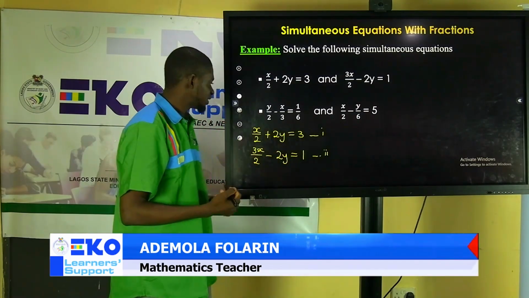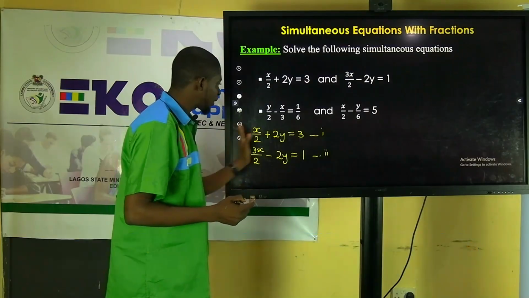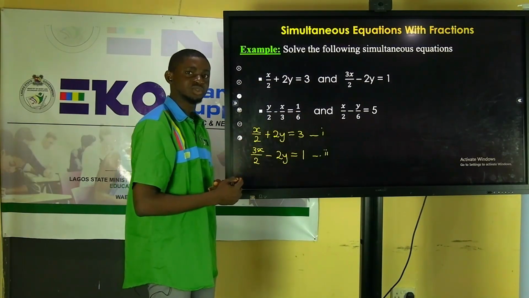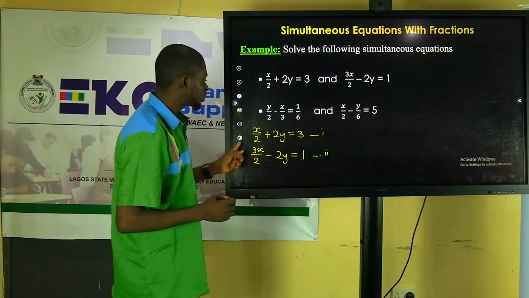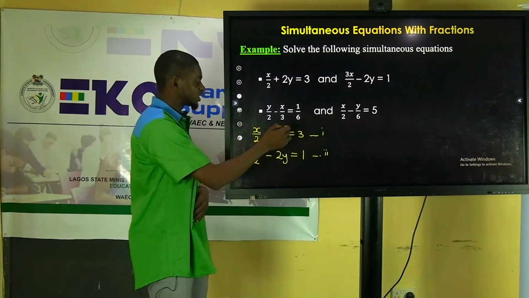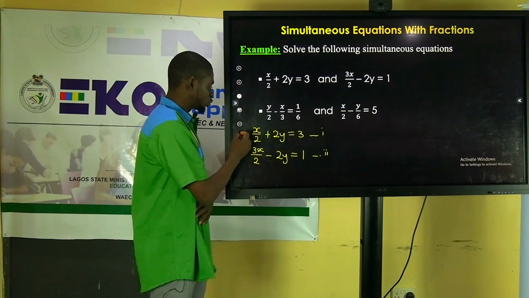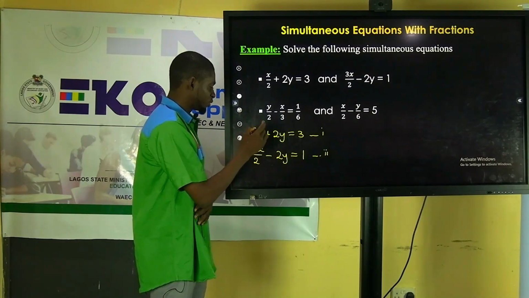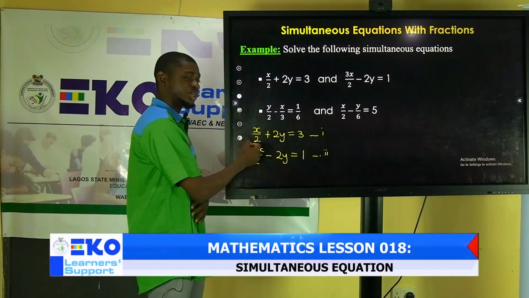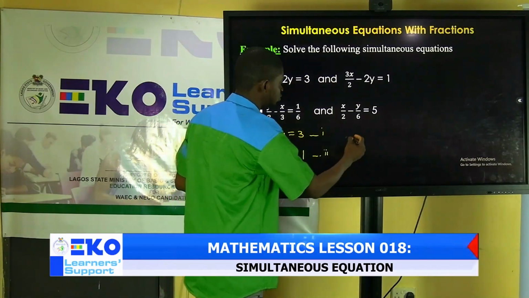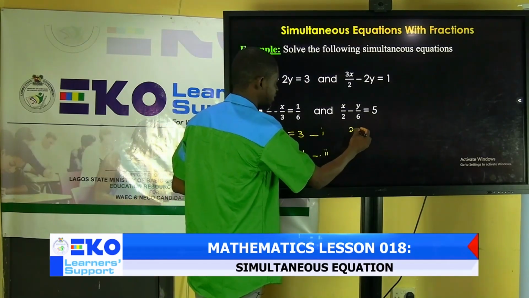Then, the simple approach, multiply equation 1 through by the LCM of all the denominators, which is 2. So when you multiply it by 2, each of the terms, 2 multiplied by x over 2. Remember, the 2 in the denominator cancels out the 2 you are using in multiplication. Then it gives birth to x.